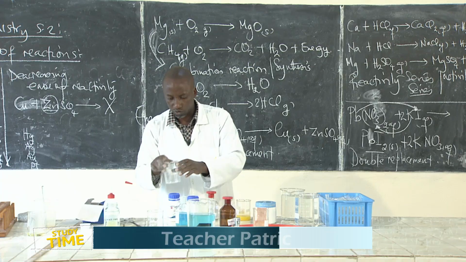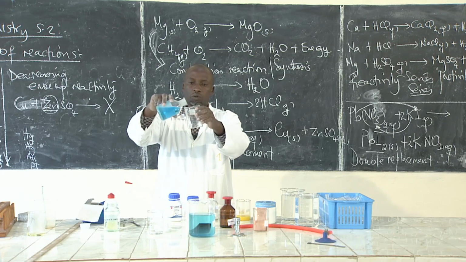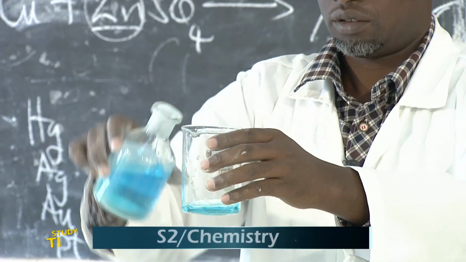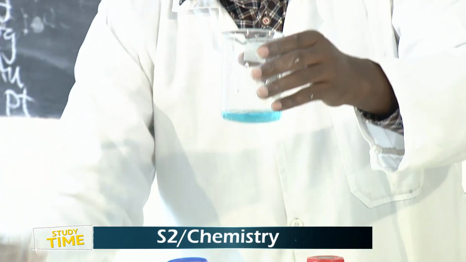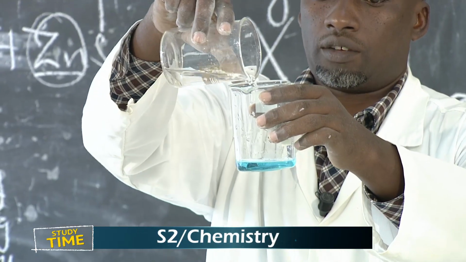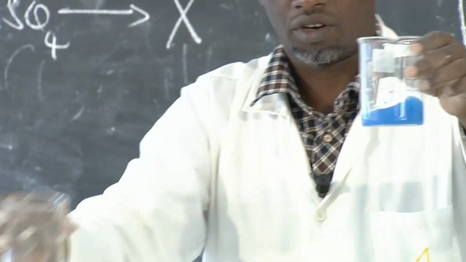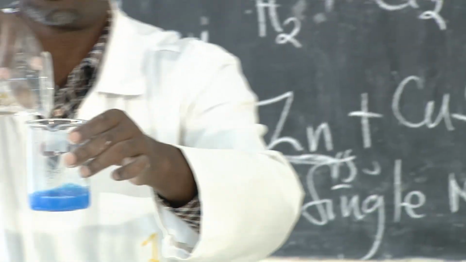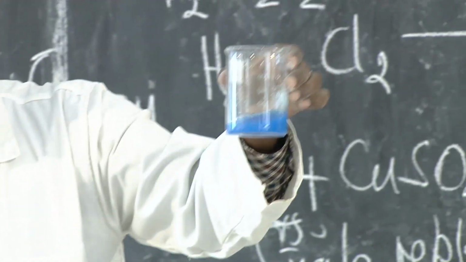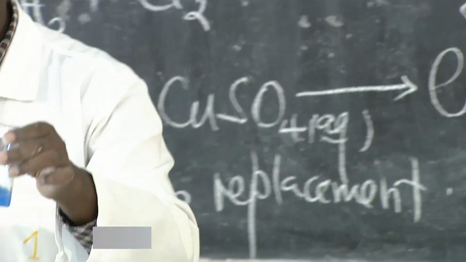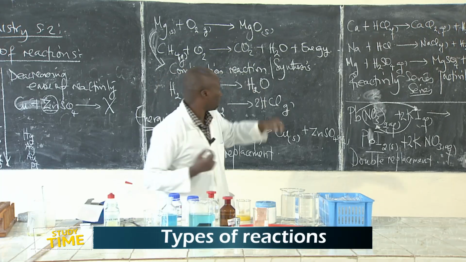And I'm just going to mix it with the copper 2 sulfate solution, and see what is happening. We had done this one even before. This is a precipitate that is forming. Precipitate insoluble in excess. We had even mentioned this some time back.